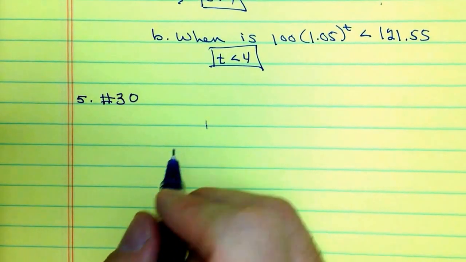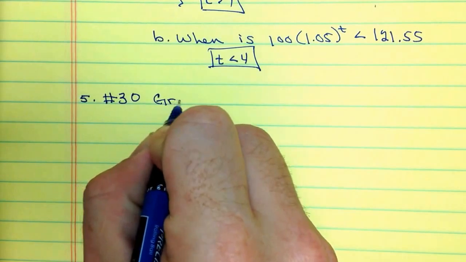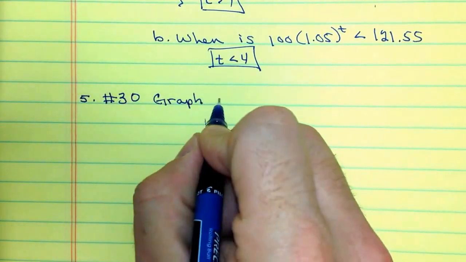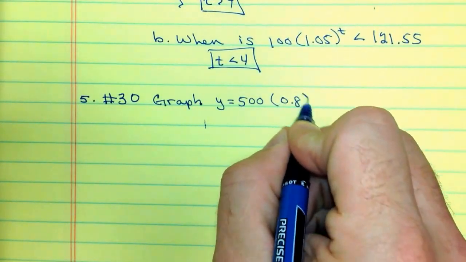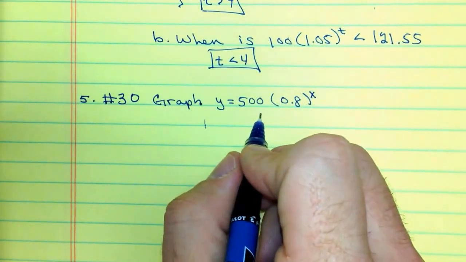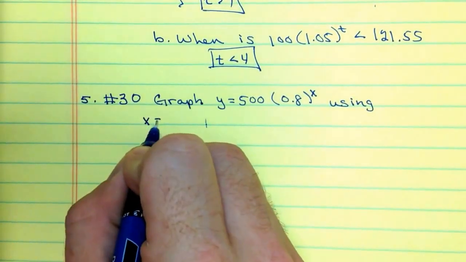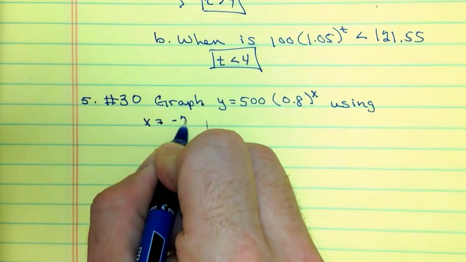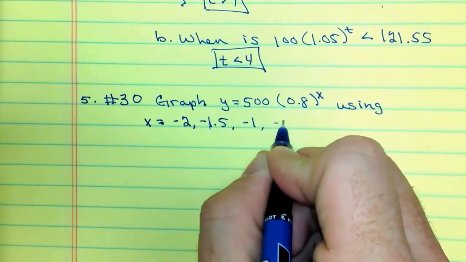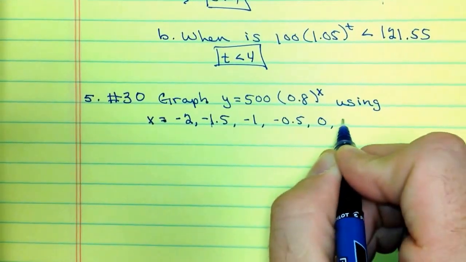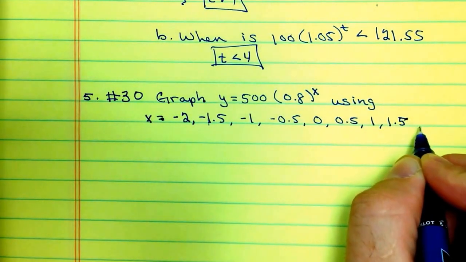Alright, so it says, let's graph y equals 500 times 0.8 to the x using x equals -2, -1.5, -1, -0.5, 0, 0.5, 1, 1.5, and 2.